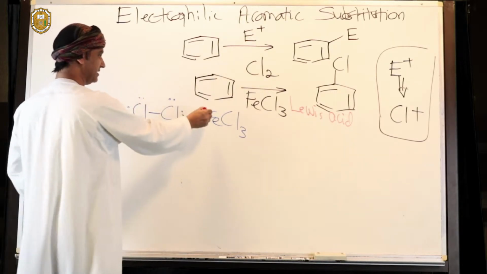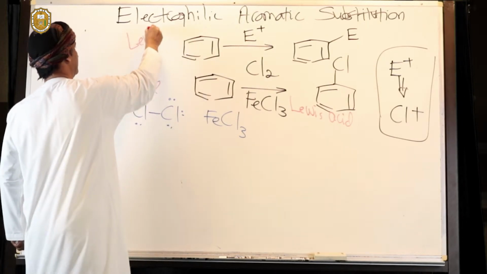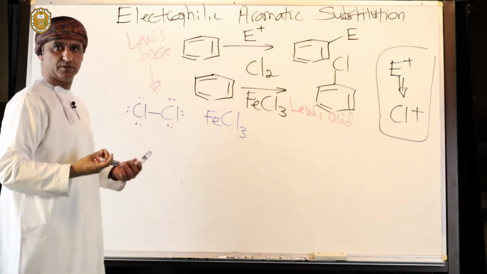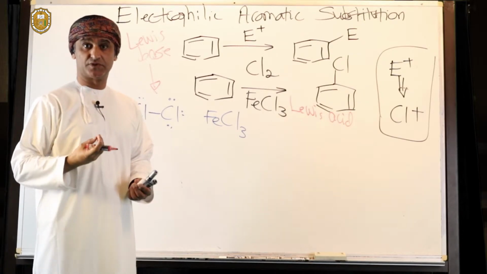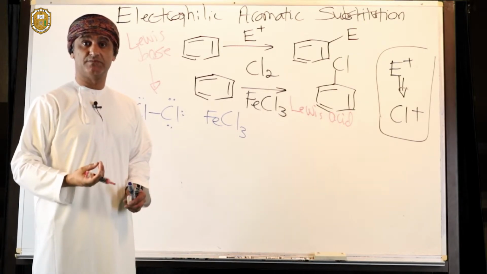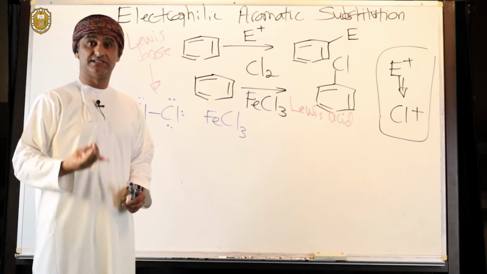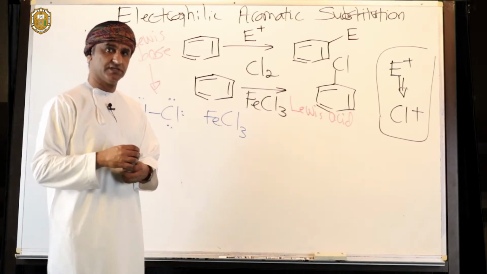This is the Lewis acid, and that's the Lewis base. So there'll be a Lewis base, Lewis acid reaction. The Lewis base, if you recall the definition, is a substance with a lone pair. A Lewis acid by definition is a substance that needs a lone pair. And of course the Lewis acidic center is iron, as we mentioned before.